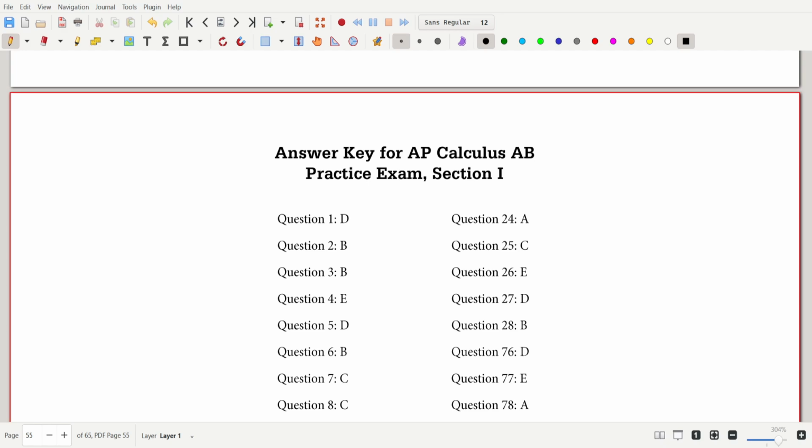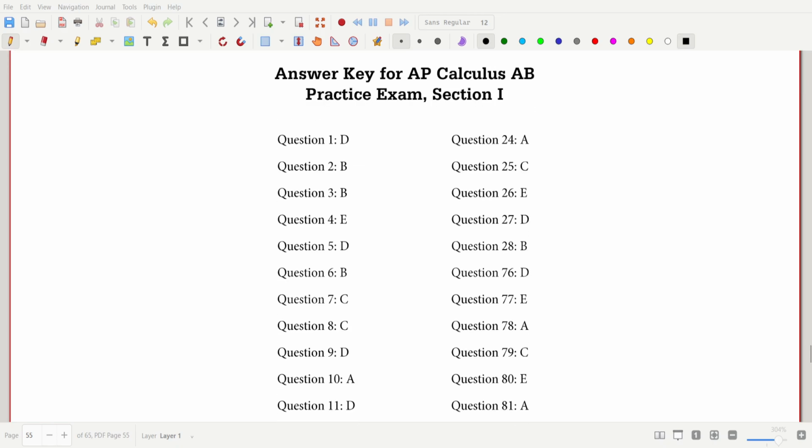Okay, how many mistakes did I make? I already made one, that's not good. So it looks like 4 was wrong. 6 was wrong. It's too fast apparently. Oh man, 10 was wrong too.